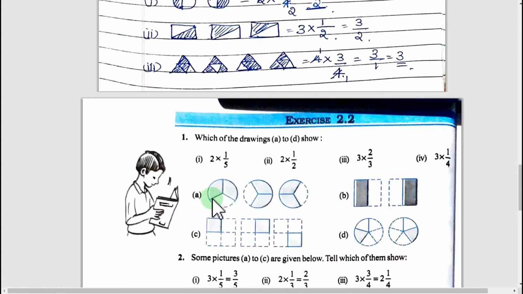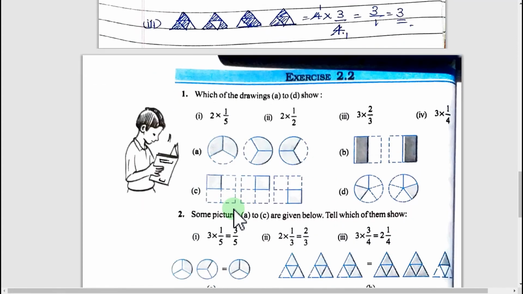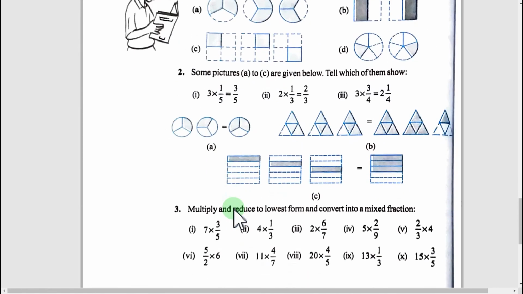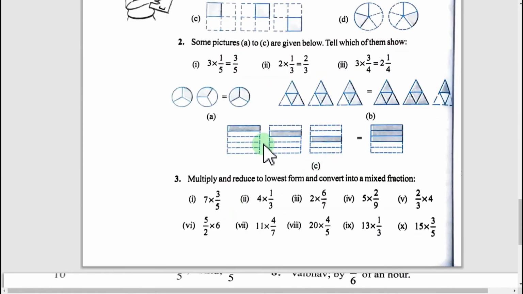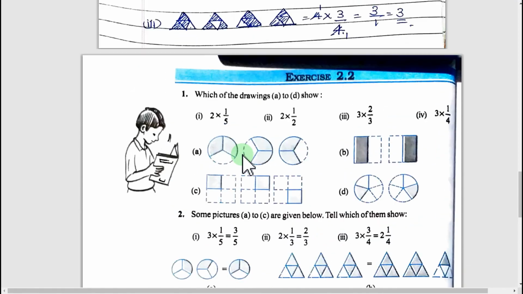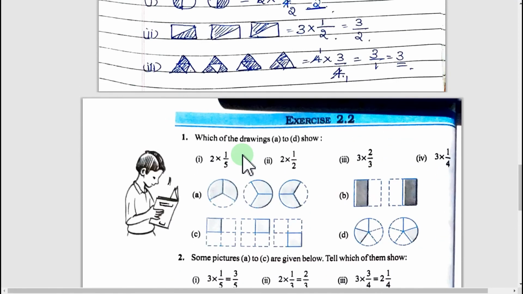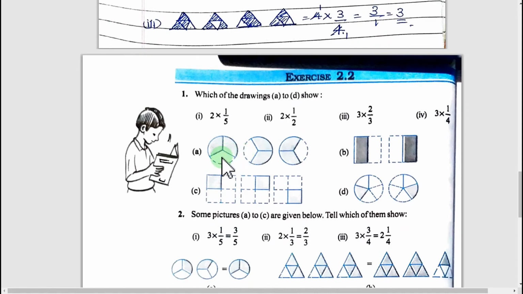Shading is not visible here. Here one part is shaded. Shading is not visible in this also. I'll try to correct that. Here one part is shaded. While sending the notes, I'll correct that. One part is shaded, and here how many figures are there? 3 figures are there.